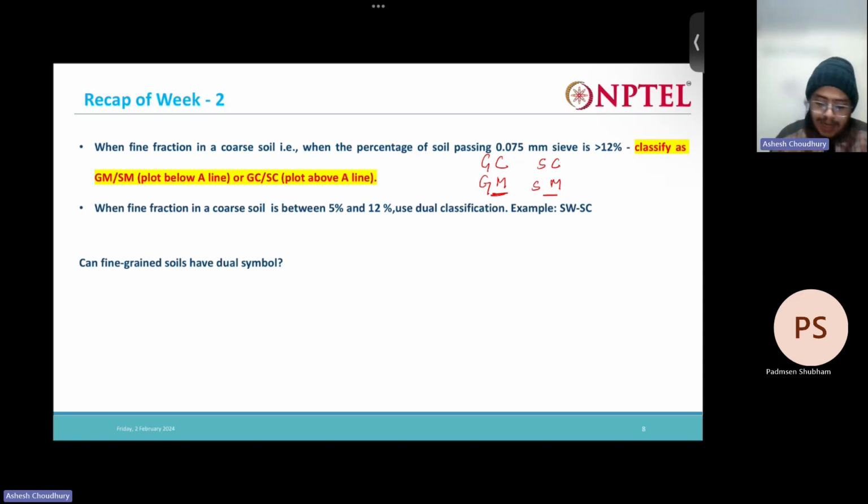Now, the third case is when the fine fraction in a coarse soil is between 5 and 12%. In that case, what will we do? We have to use dual classification. That is, both the gradation and the fine name will come.